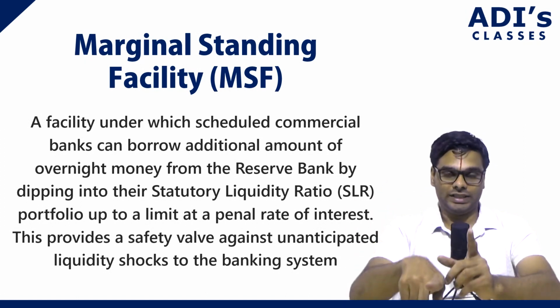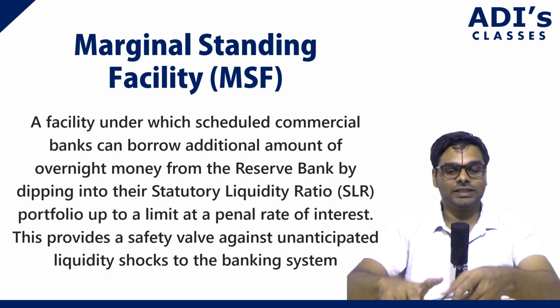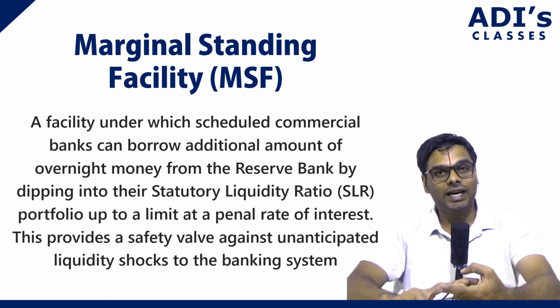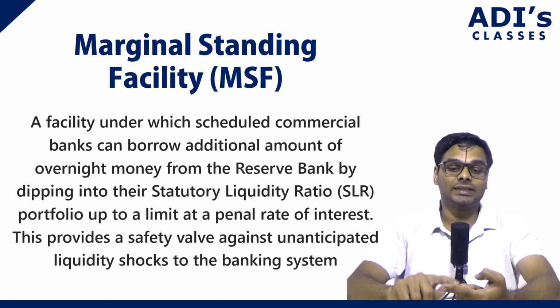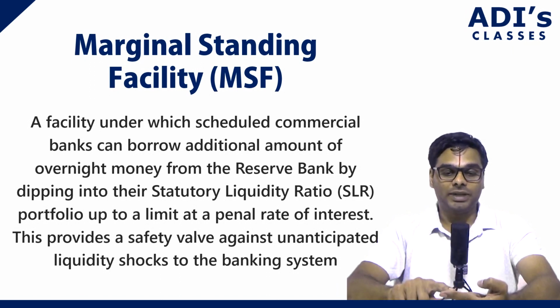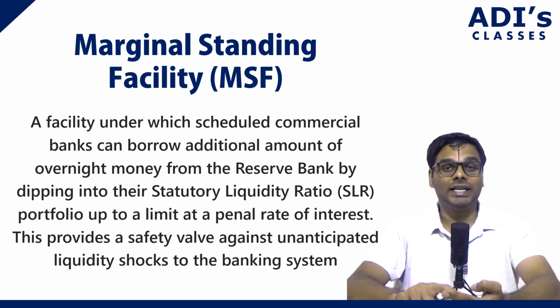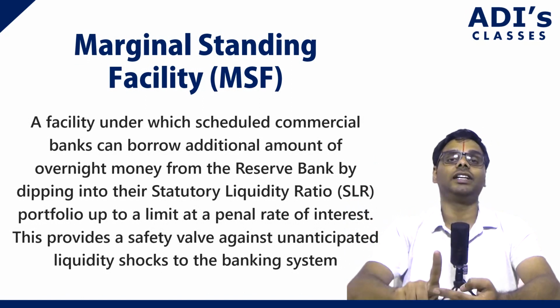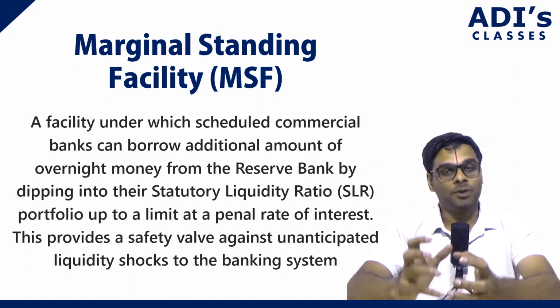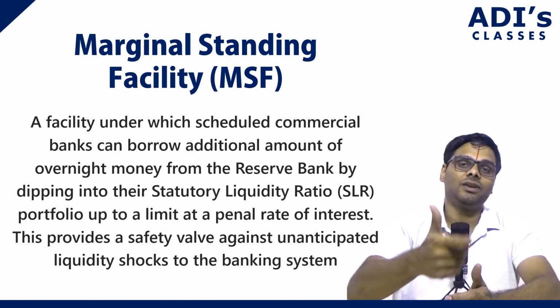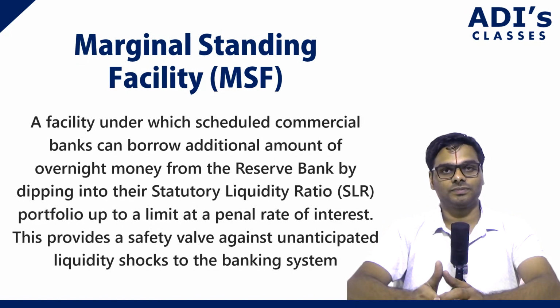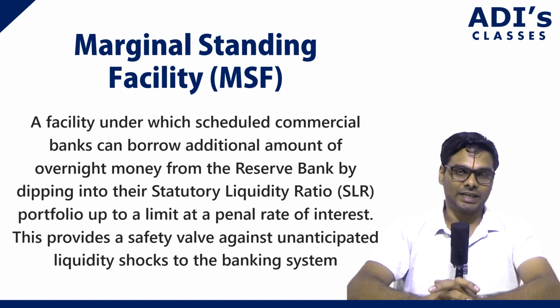Now let's look at the definition again. Marginal standing facility is a facility where commercial banks can borrow from the RBI for overnight liquidity by dipping into their statutory liquidity ratio portfolio, up to a limit, at a penal rate of interest. I hope this is clear.